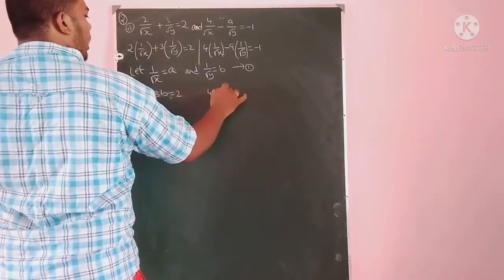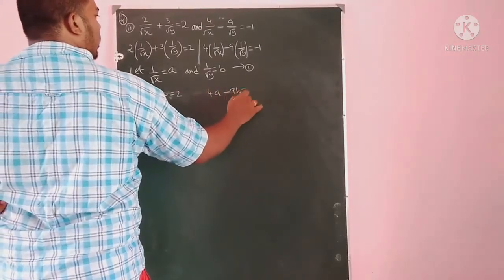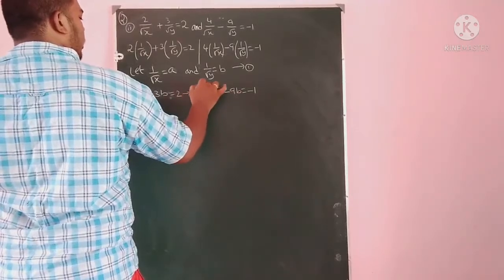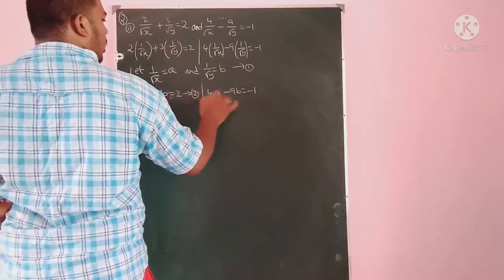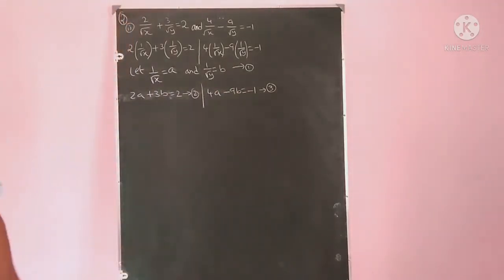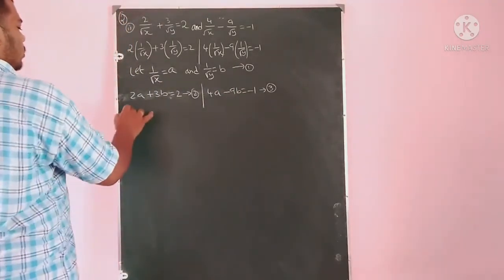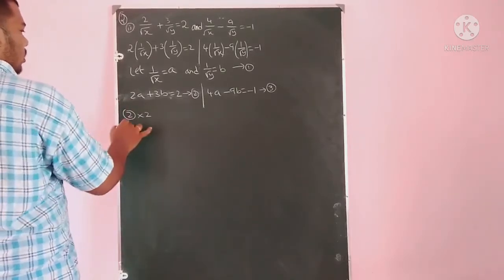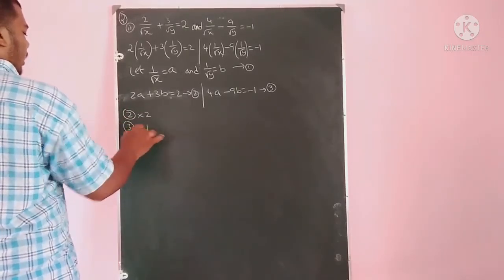This will be 4a minus 9b is equal to minus 1. Let this be equation 2, and this may be 3. Now use the elimination method, it will be easy. So I will multiply equation 2 with 2 and equation 3 with 1.